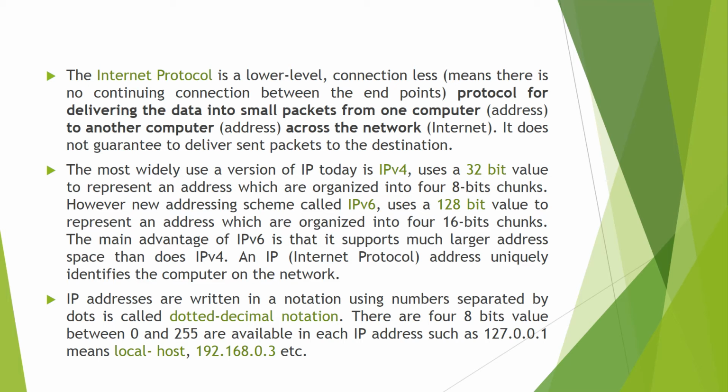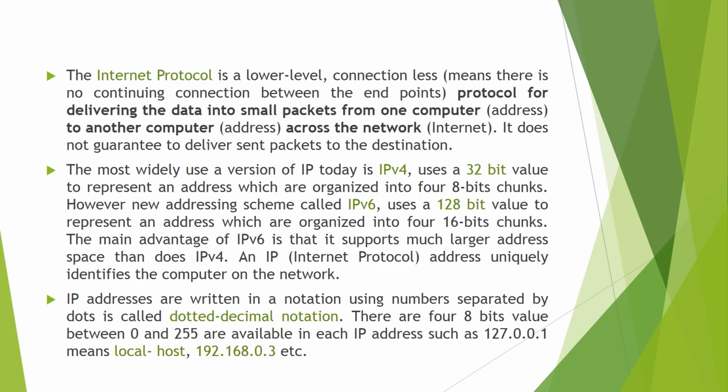It uses a 32-bit value to represent an address, which is organized into 4 8-bit chunks. However, a new address scheme called IPv6 uses a 128-bit value to represent an address, which is organized into 8 16-bit chunks.